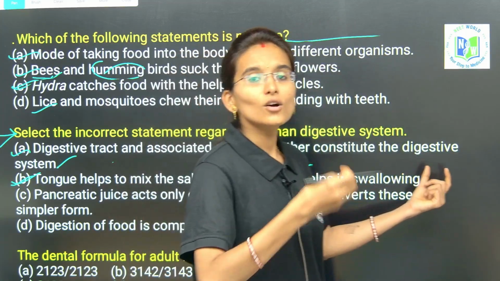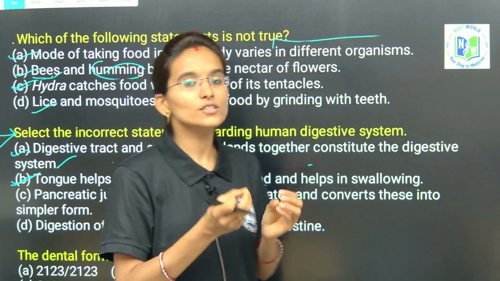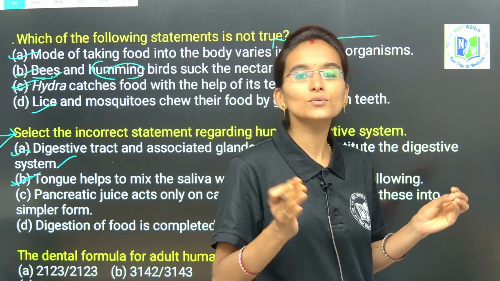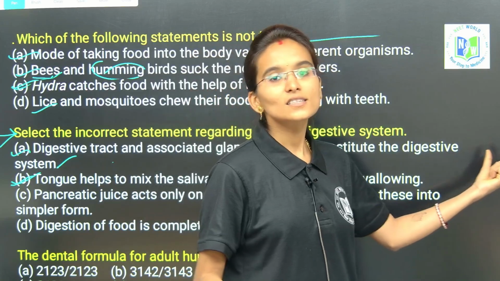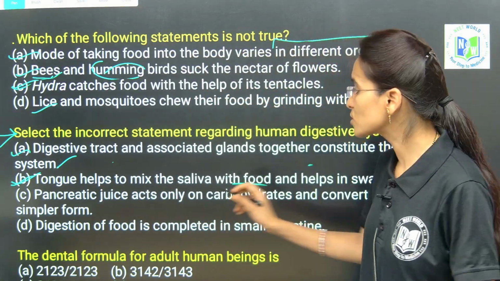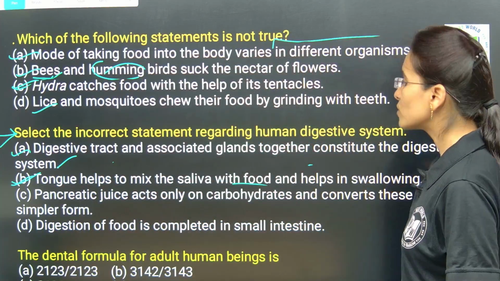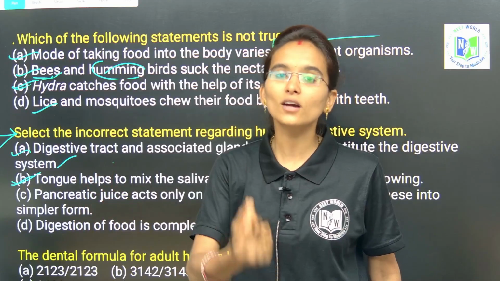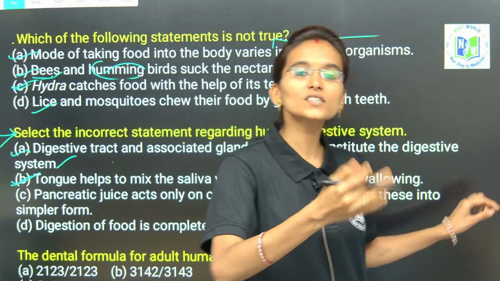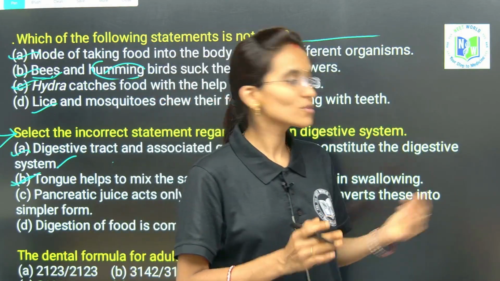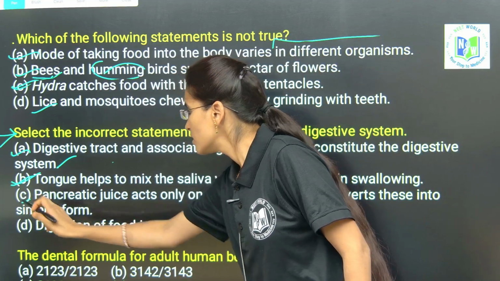These complex nutrients are converted into simpler forms like amino acids, fatty acids and simple sugars like glucose, my dear students, okay. So in option C, pancreatic juice acts only on carbohydrates and converts these into simpler forms. Not only carbohydrates, apart from carbohydrates there are other complex nutrients which are converted into simpler forms, like proteins as well as fats.